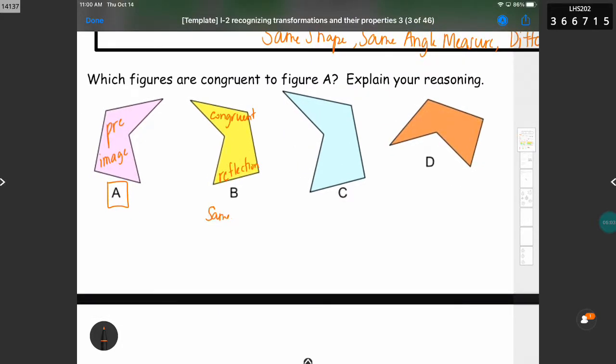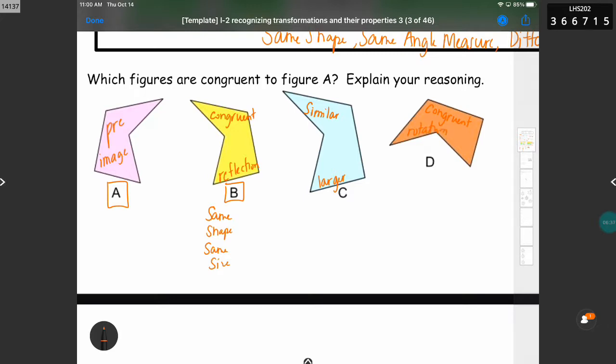Same shape, same size. What about C? No, it's similar. It's larger than A. What about D? Just rotate it. It is congruent. It's a rotation that took place.